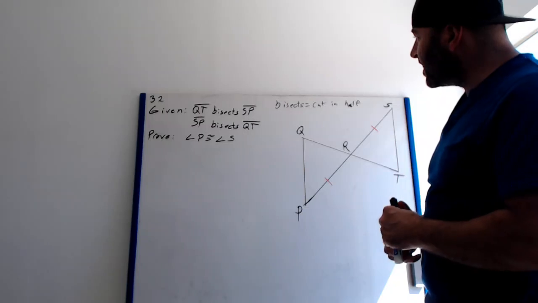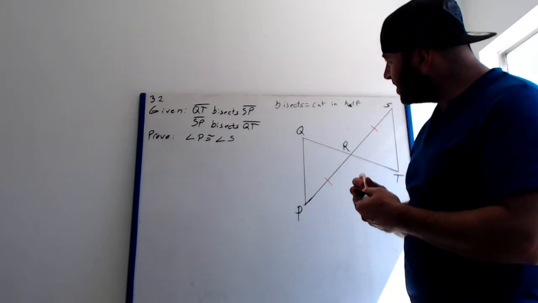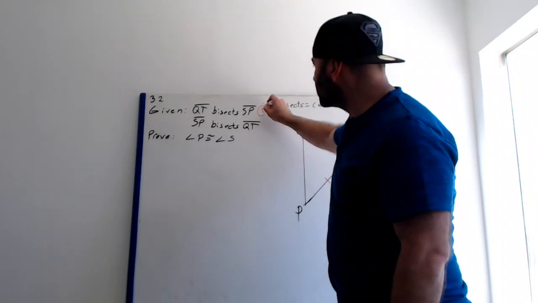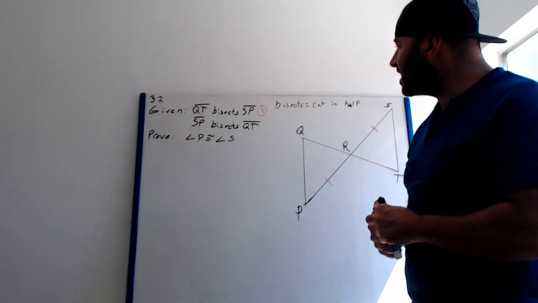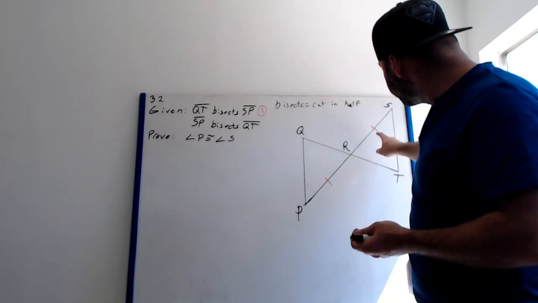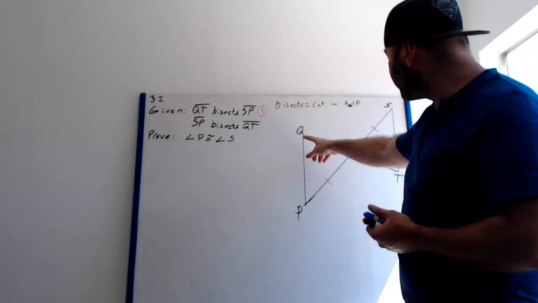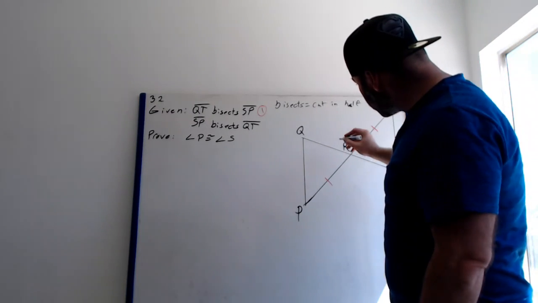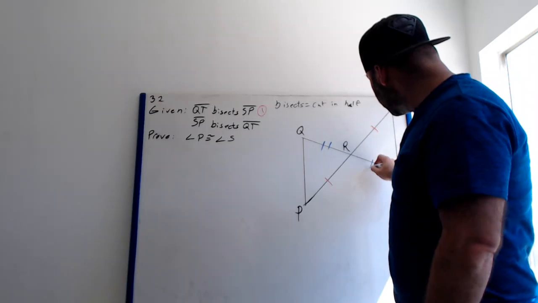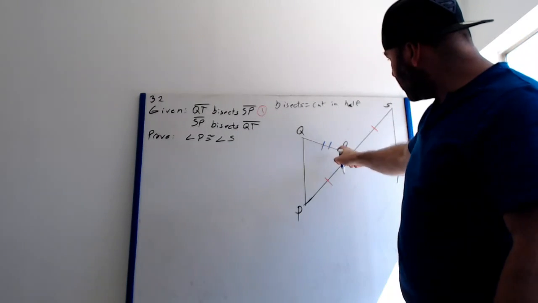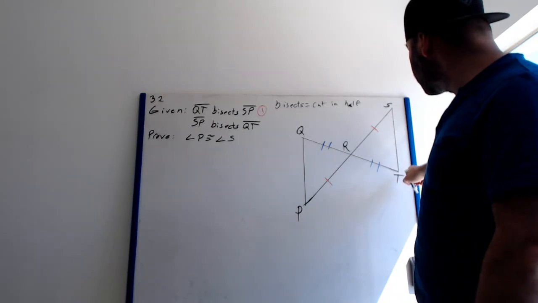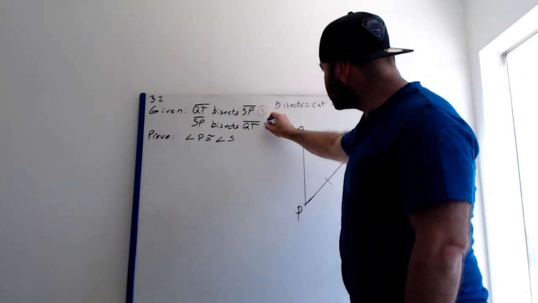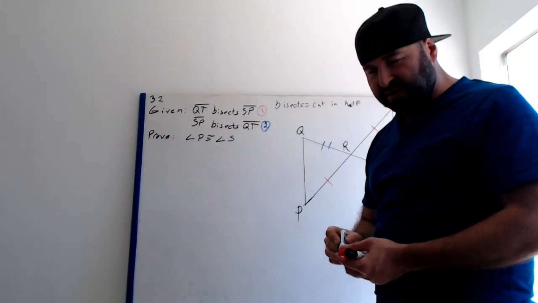Okay, and then if we use the second given, so that's one congruency statement there. And if we use the second one, SP cuts in half QT, that's going to give me my second congruency statement. And it's basically telling me that QR is congruent to TR. So that's two congruency statements.